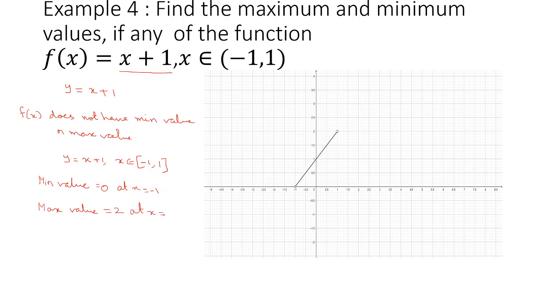So if it is an open interval, this function does not have a maximum or minimum. But if you make it a closed interval, then it will have both.